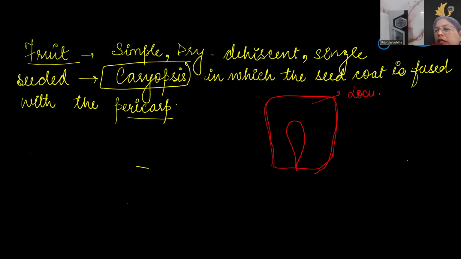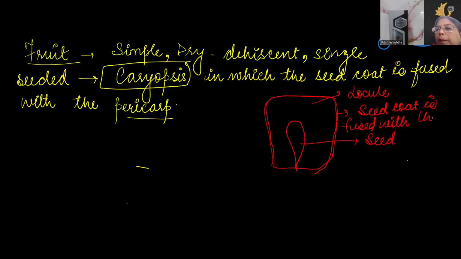This is the locule. This is the seed, and here the seed coat is fused with the pericarp. I believe this is clear.